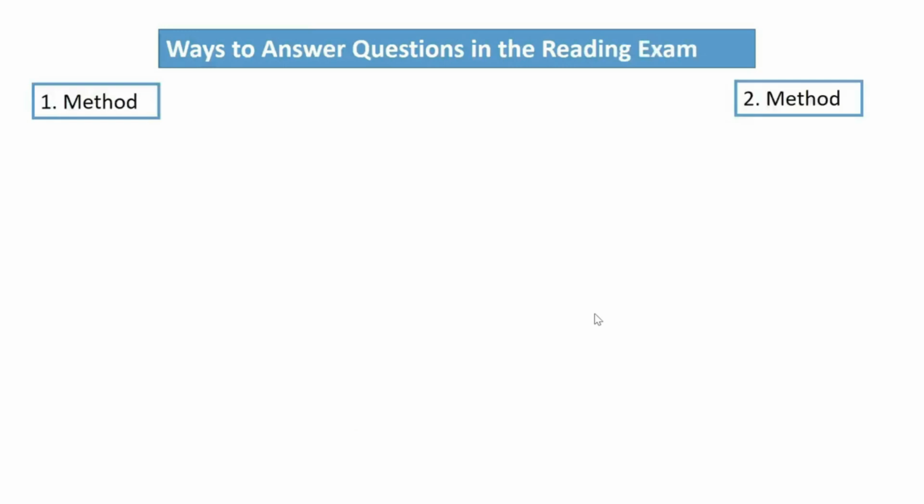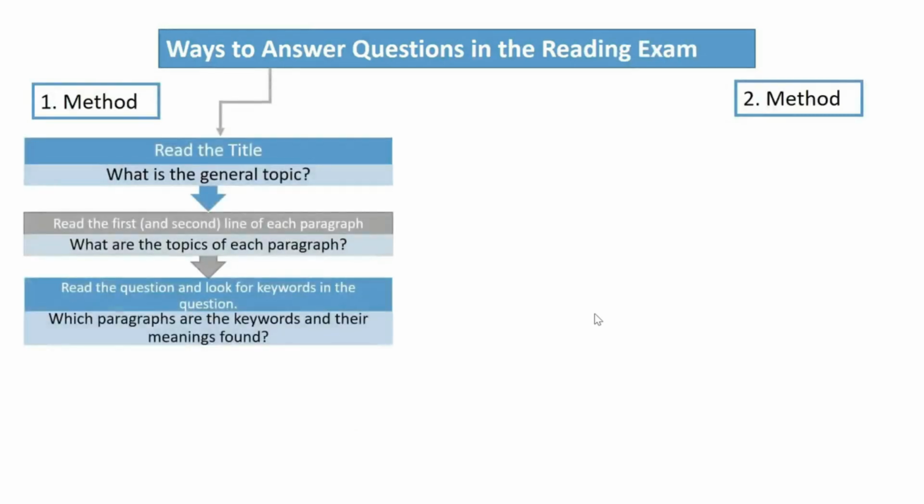So, here are some ways to answer questions in the reading exam. We have two methods. The first one is you read the title, you find out the general topic, the general meaning, and then you read the first and the second line of each paragraph. So you can find out the topic of each paragraph.